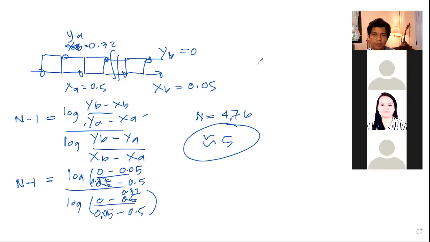The first multi-stage problem. I'm going to give you 15 minutes to solve that. Try to solve the first problem. It's in Blackboard, ano?